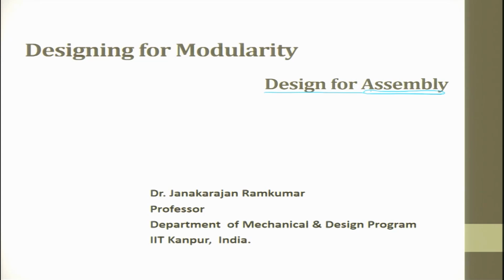So design for assembly is the next topic. There is a lot of importance that companies are now giving towards this to make their product more reliable, repeatable, and they take care of logistics costing also.